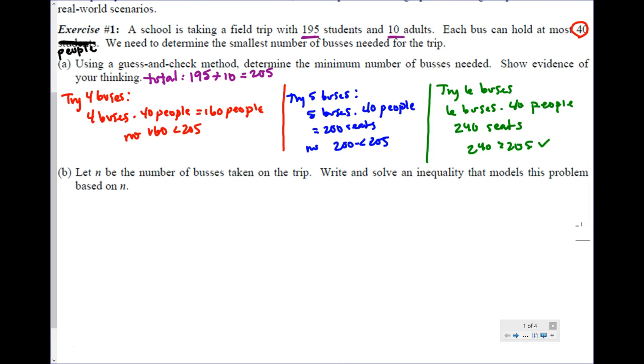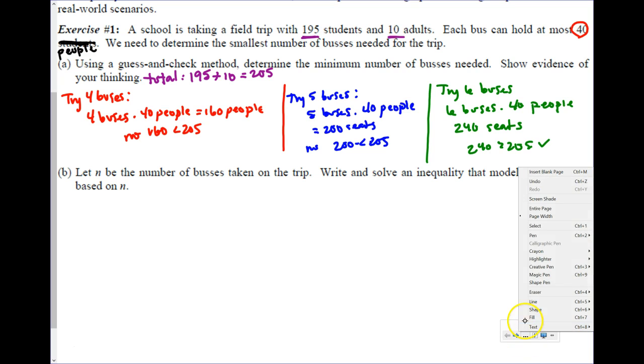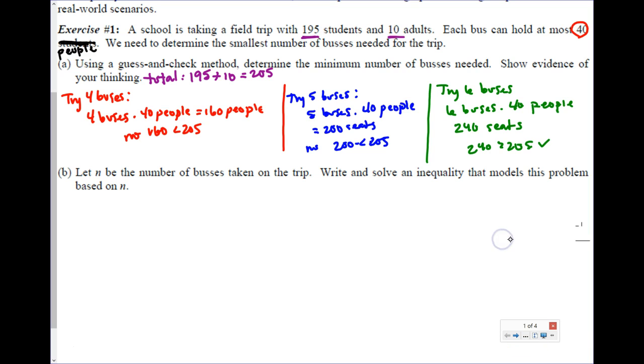B says, let n be the number of buses taken on the trip. Write and solve an inequality that models this problem. So we're now going to use a variable to help us solve. So what math have we been doing each time? We've done 4 times 40 each time, 5 times 40, 6 times 40.